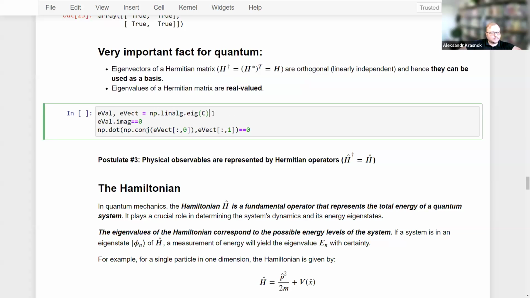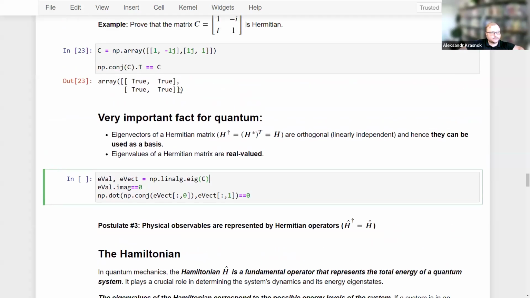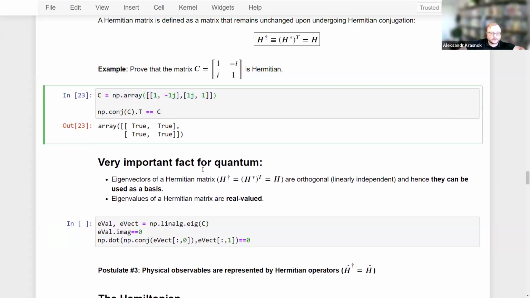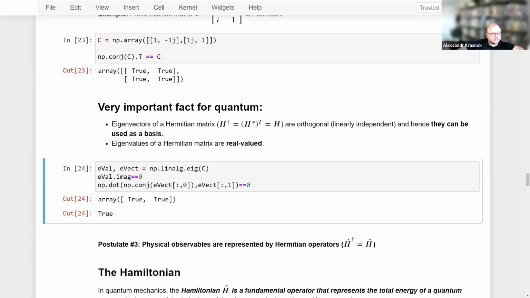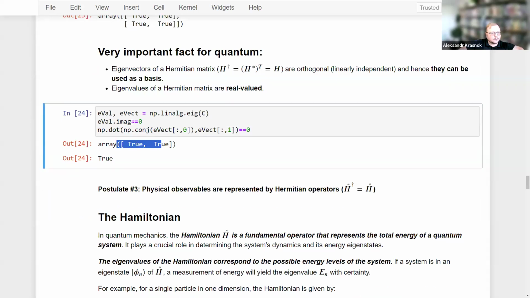All right, what I do here: for this Hermitian matrix, we define that this matrix is Hermitian. I can check that the eigenvalues are indeed real valued, which means the imaginary part is equal to 0, right? So it's true.